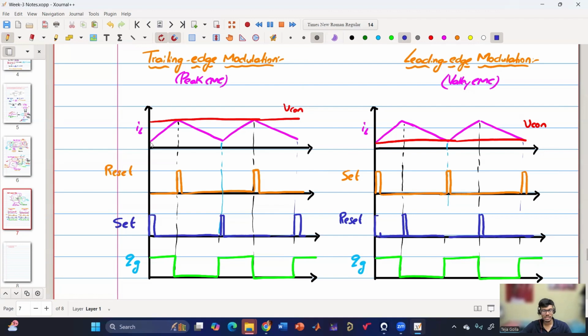So is this clear? I have kept both side by side so that you can correlate. Because the control voltage here is at the peak, it is called peak current mode control. Here it is at the valley, so that's why it is called valley current mode control.